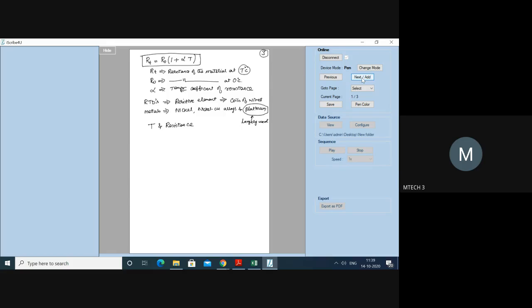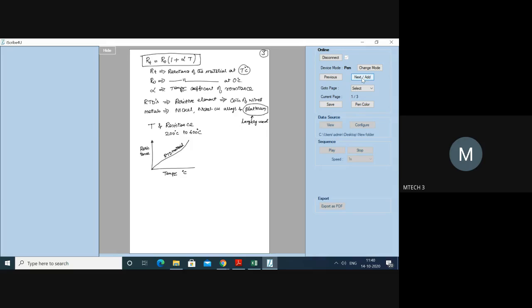Now remember, the RTDs are used with a range of 200 degrees Celsius to 600 degrees Celsius. If I take this as my temperature in degree Celsius, this is going to be the resistance. This is the graph. The RTD material will show this type of graph.